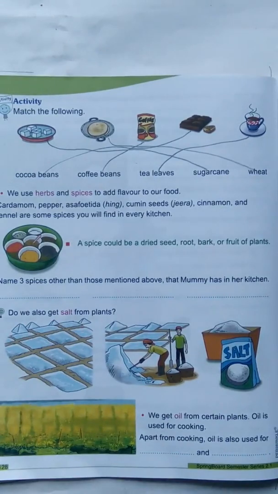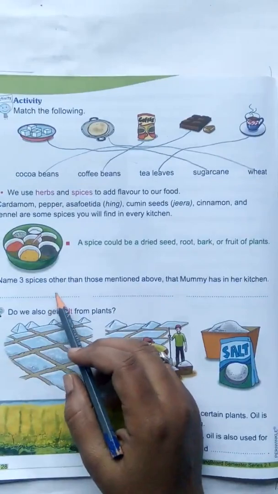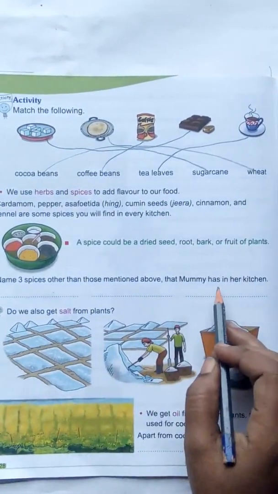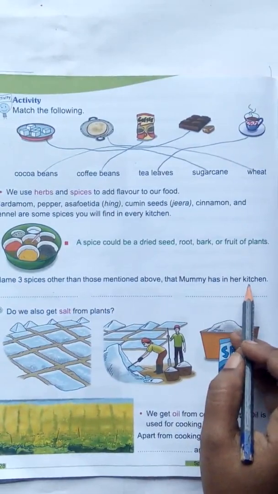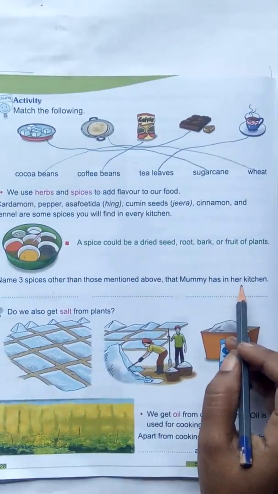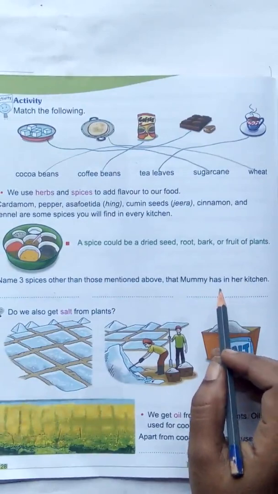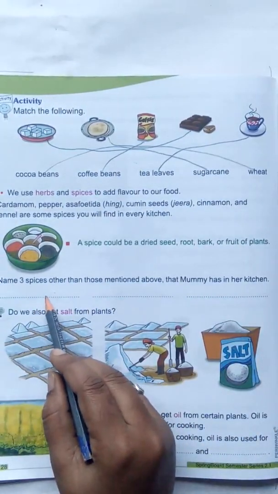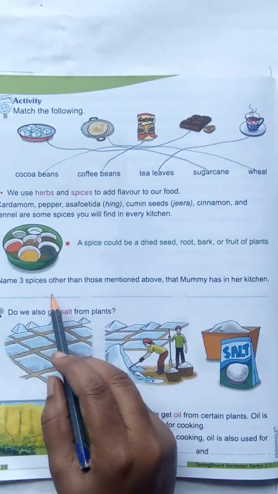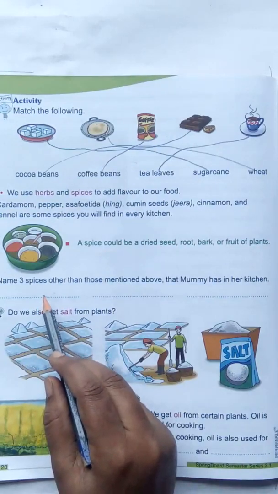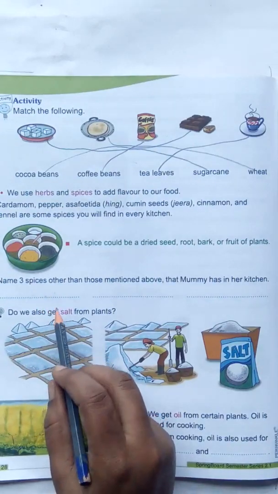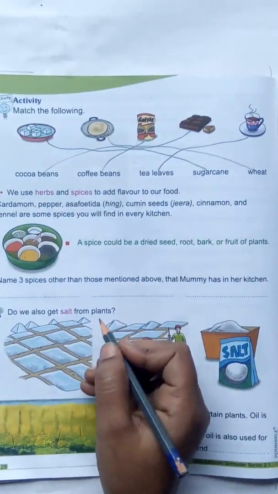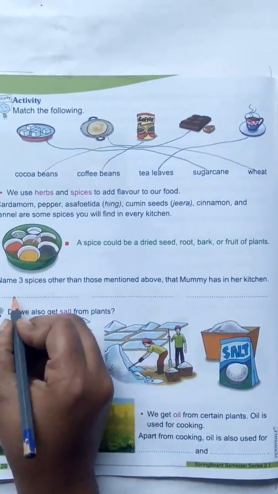Okay, next, see here, name 3 spices other than those mentioned above that mummy has in her kitchen. Okay, you write 3 spices on the lines that mummy uses in her kitchen. First one, I write mustard. I will write for you.